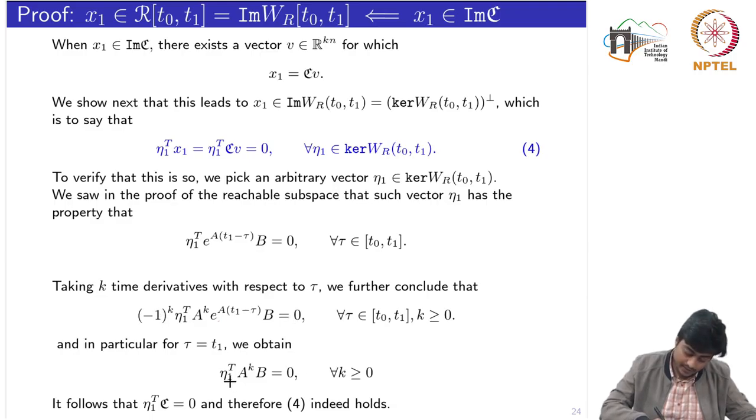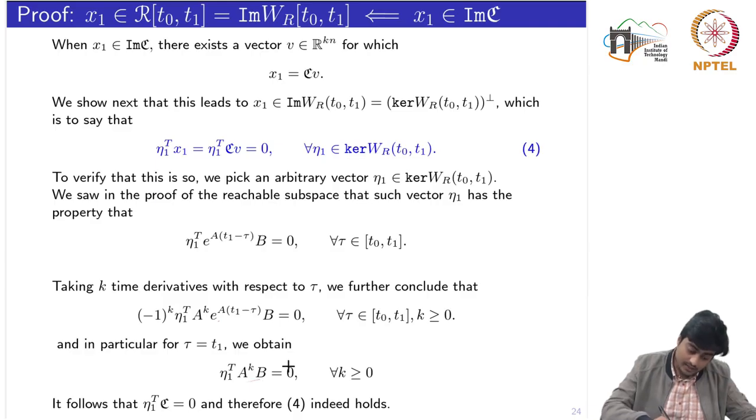So I can simply write eta 1 transpose A to the power k B is equal to 0. Now if I open all these k's starting from 0 to n minus 1, this will become the controllability matrix. Meaning to say that eta 1 transpose into the controllability matrix is equal to 0.